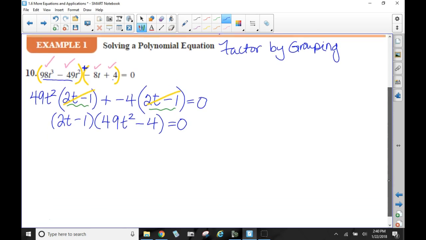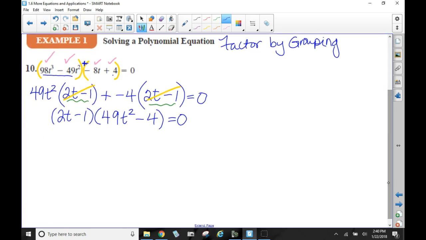Now, hopefully you're getting pretty excited about this because we are to the point where we have a factor times a factor equals 0. And so our zero product property says, set each factor equal to 0. So 2t minus 1 equals 0. 49t squared minus 4 equals 0. And we'll solve each of those equations for t.